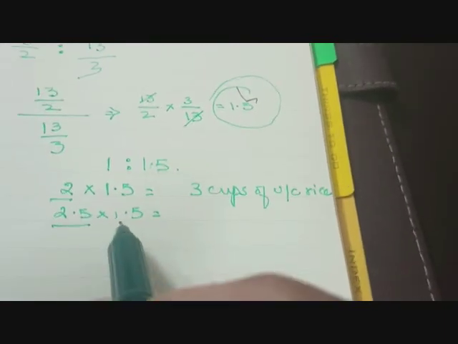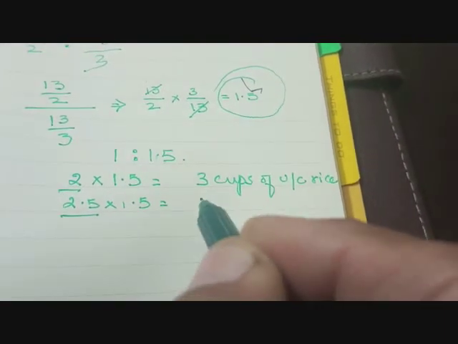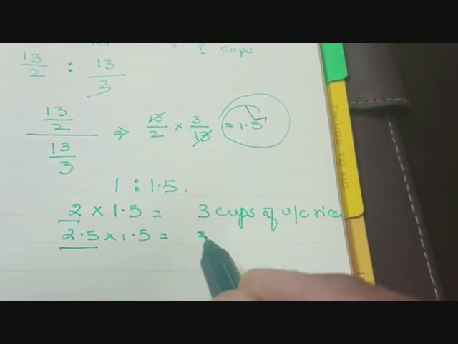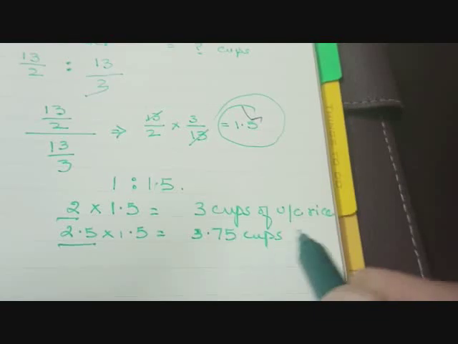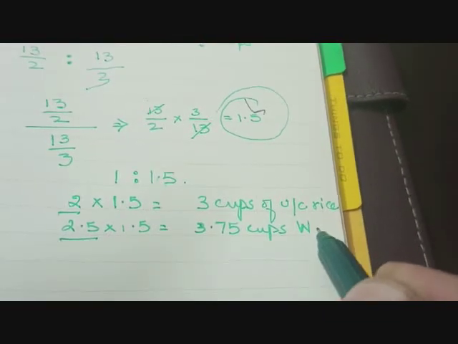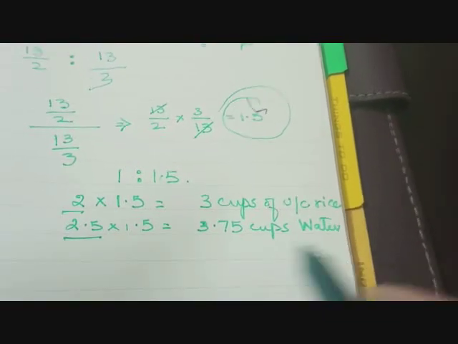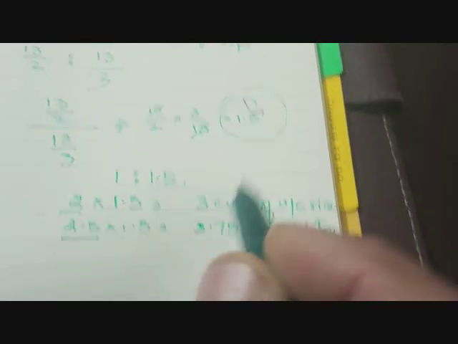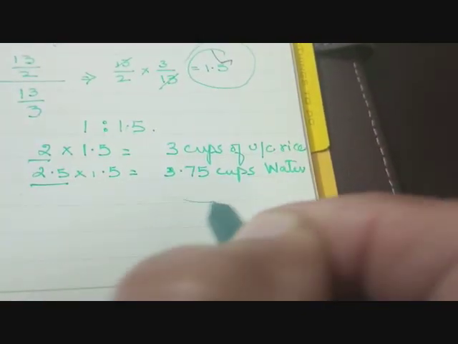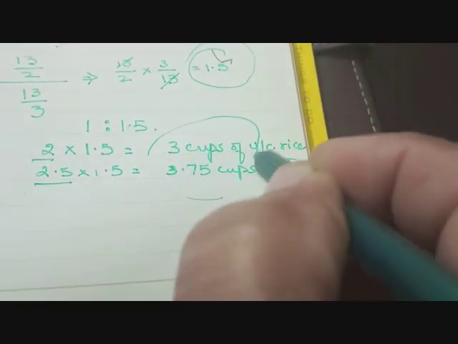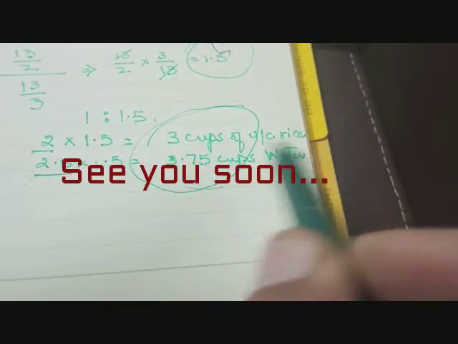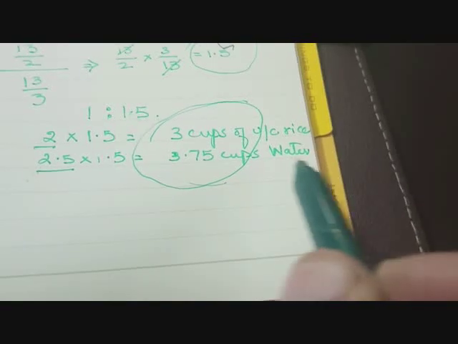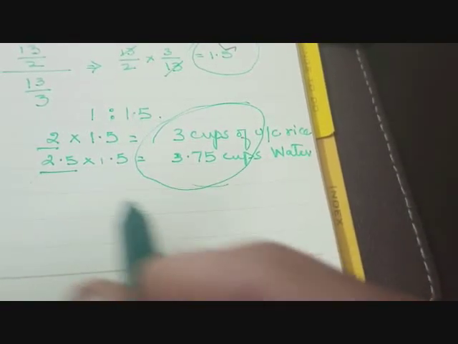So 2.5 multiplied by 1.5 will give us 3.75 cups of water. So here we have the answers. 3 cups of uncooked rice and 3.75 cups of water is our required answer.